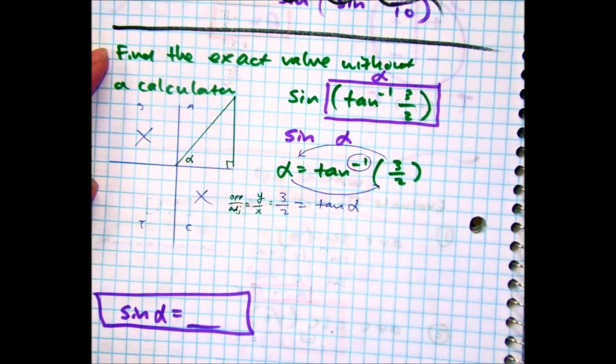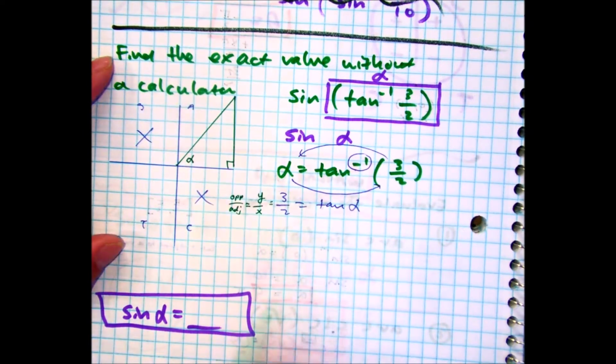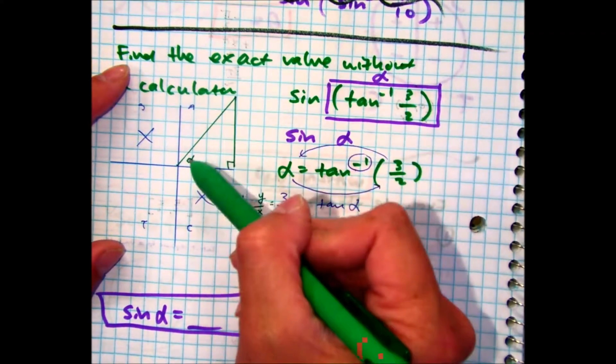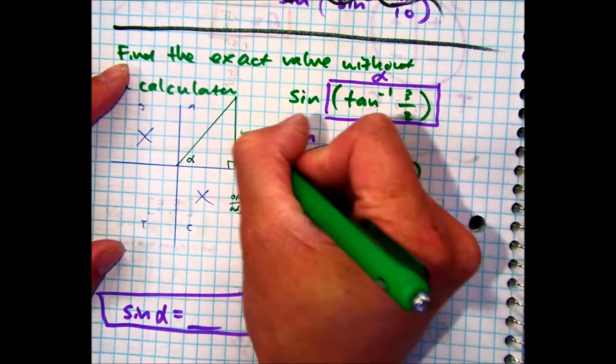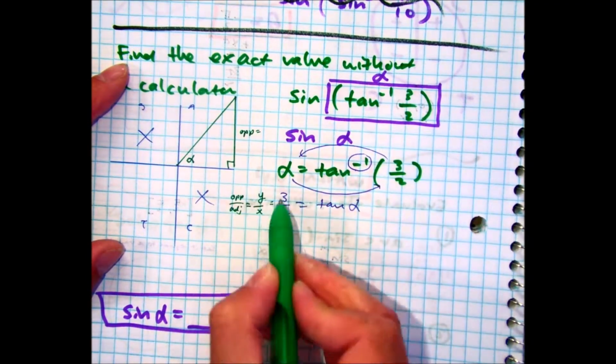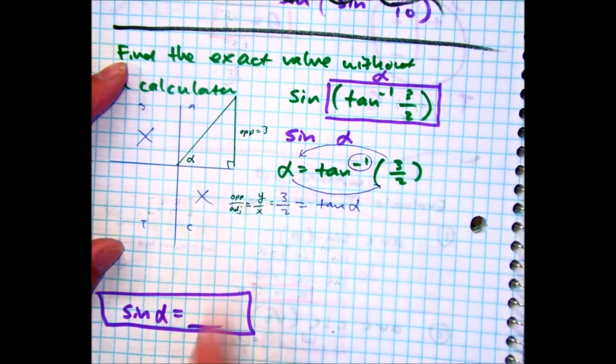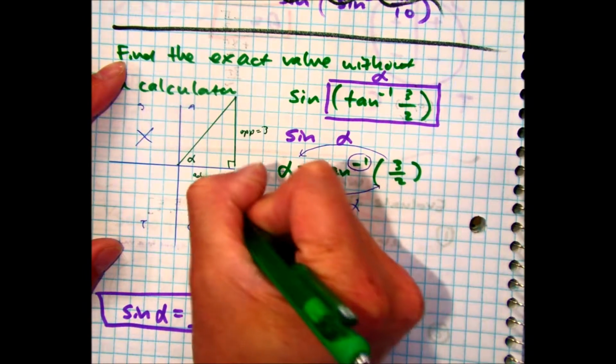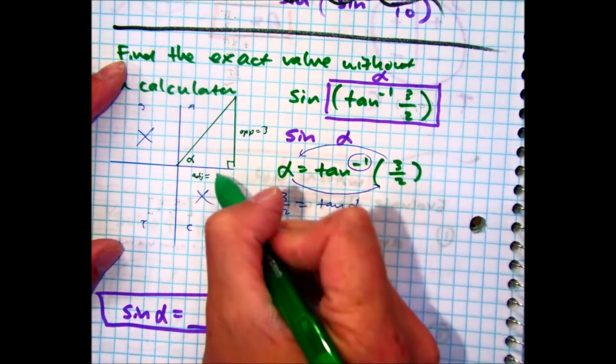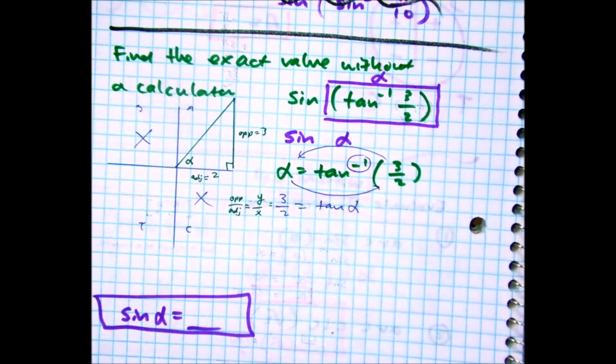I'm just going to use the words opposite over adjacent. So here my opposite side is equal to 3. My adjacent side, which is parallel to the x-axis, is 2. And then I'm just missing the third side of a right triangle.